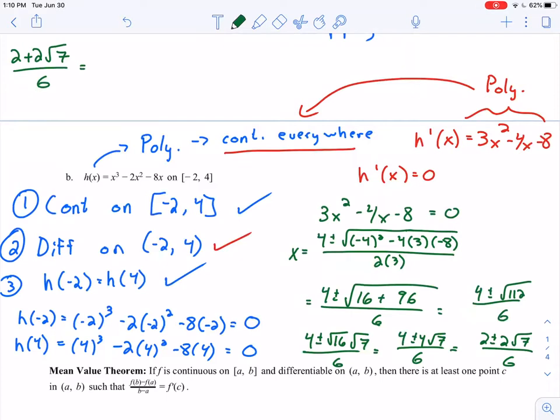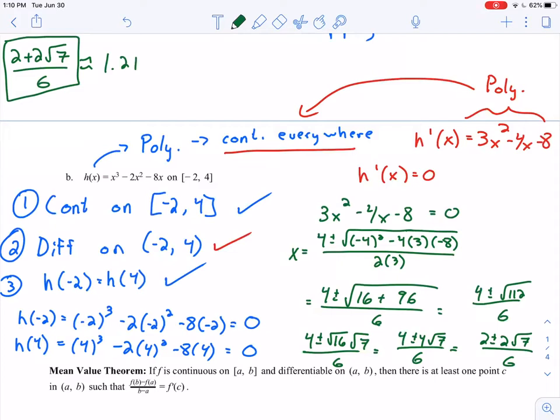I got 2 plus 2 radical 7, divide the result by 6. Here I have approximately 1.21. Yes, that falls in my interval of -2 to 4. So that means that this is one of the points that is guaranteed by Rolle's theorem.